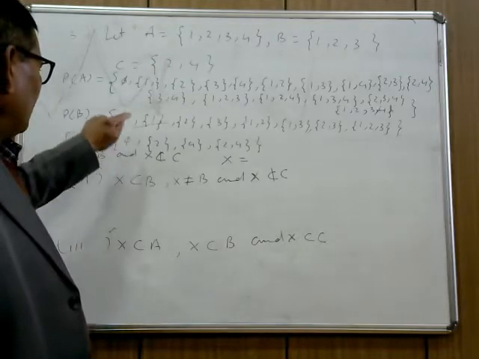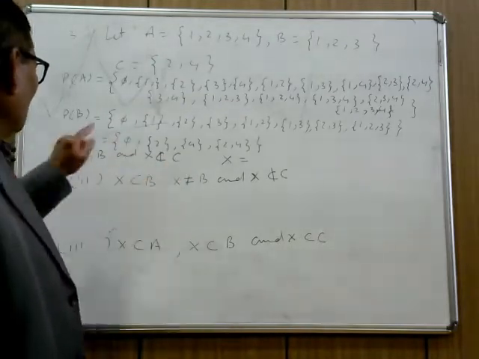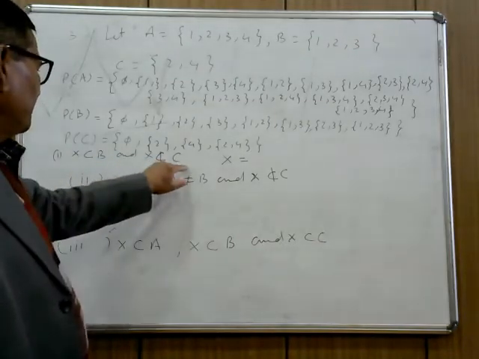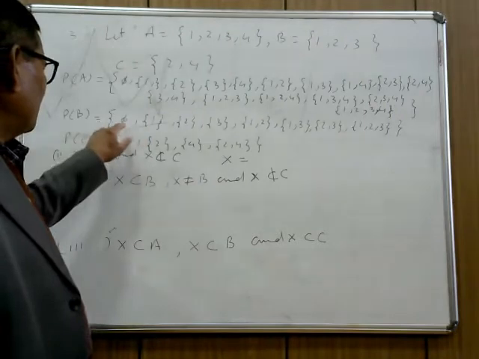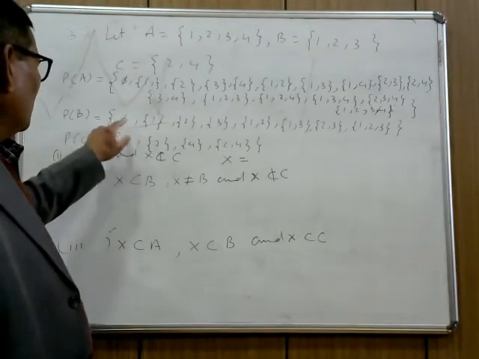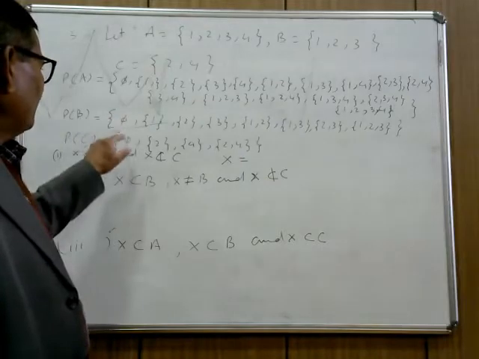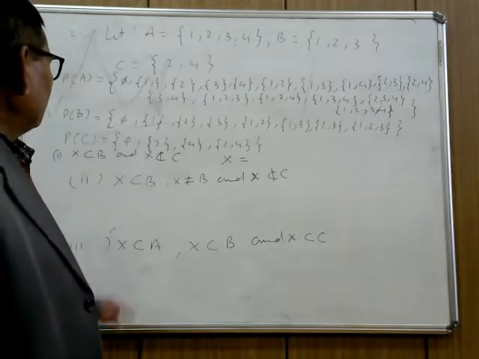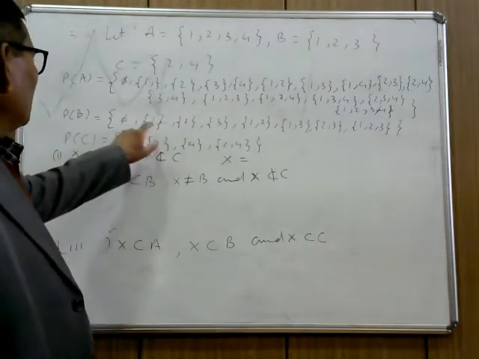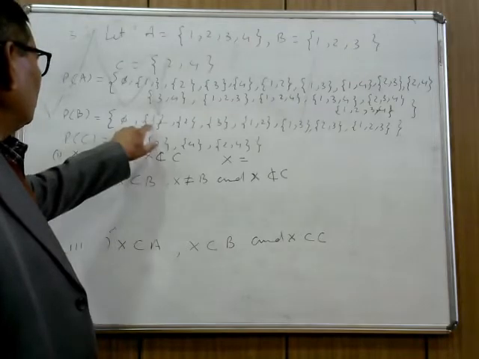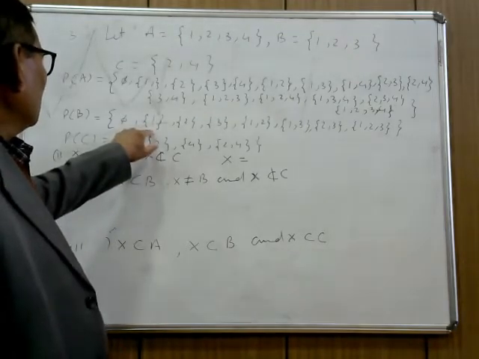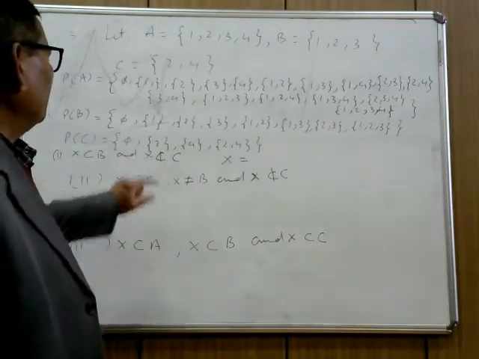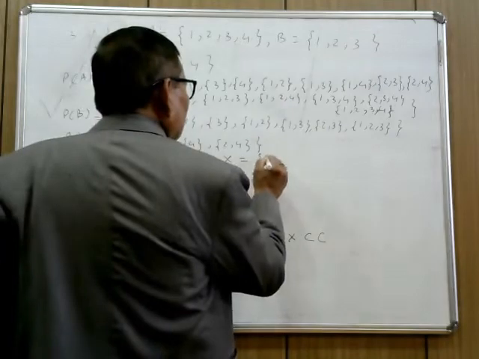Therefore, phi is not taken as X, because your condition is X is a subset of B, X is not a subset of C. This set phi is present in both, a subset of B and C both. Now, if you take the singleton set 1, this set is a subset of B, but this set is not a subset of C. So for X, you take singleton set 1.